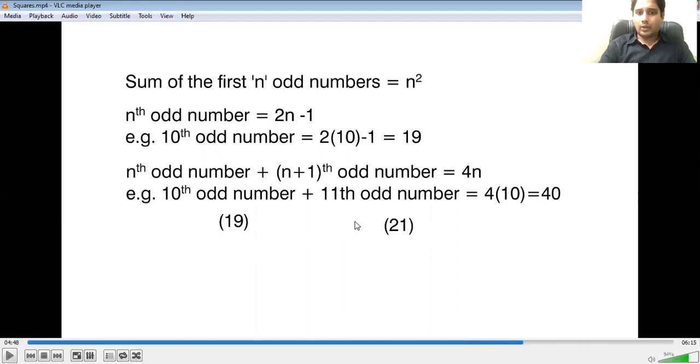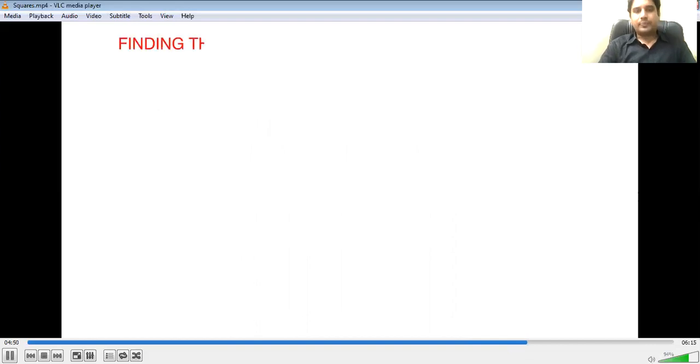So instead of finding out these two odd numbers, what we can do is 4 multiplied with the smaller position, that is 10 in this case. 4 into 10 is 40. Why I am saying this? Because this mechanism I will be using now to find out the square of any natural number.